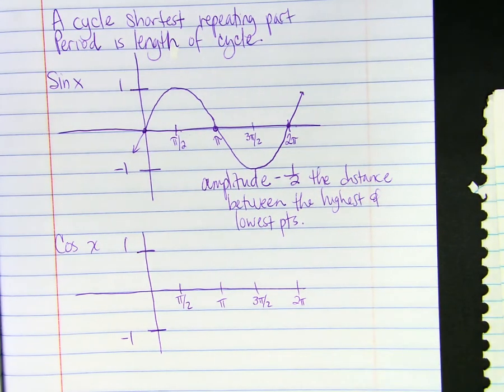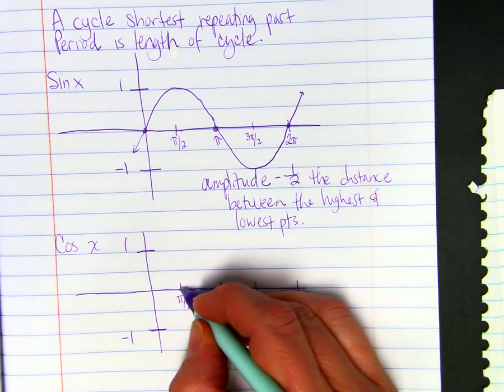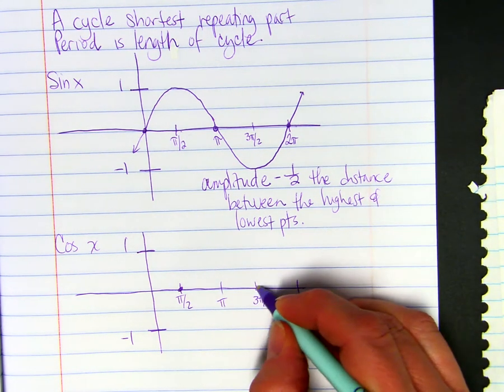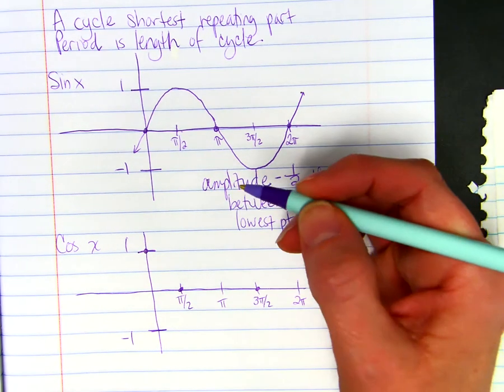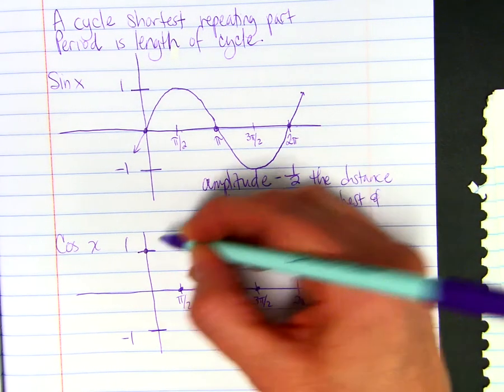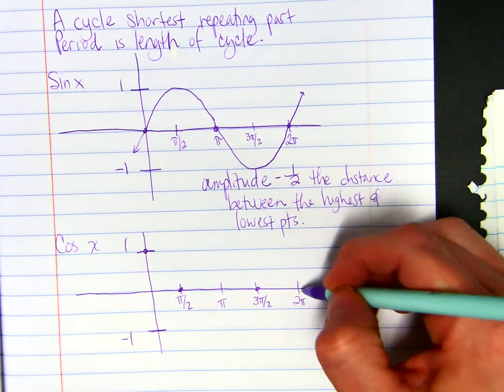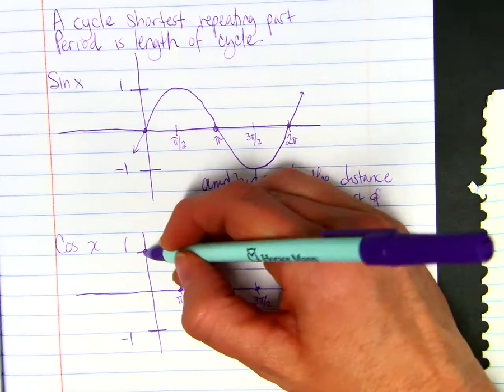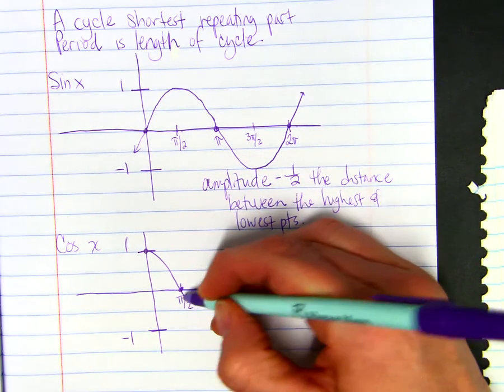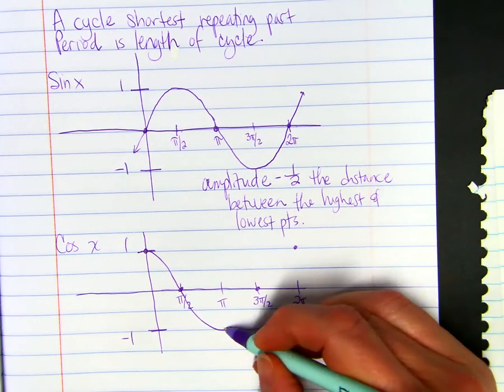So cosine is 0 at pi halves and at 3 pi halves. It equals 1 at 0 and at 2 pi, and it equals -1 at pi. So the cosine is going to kind of look like this.